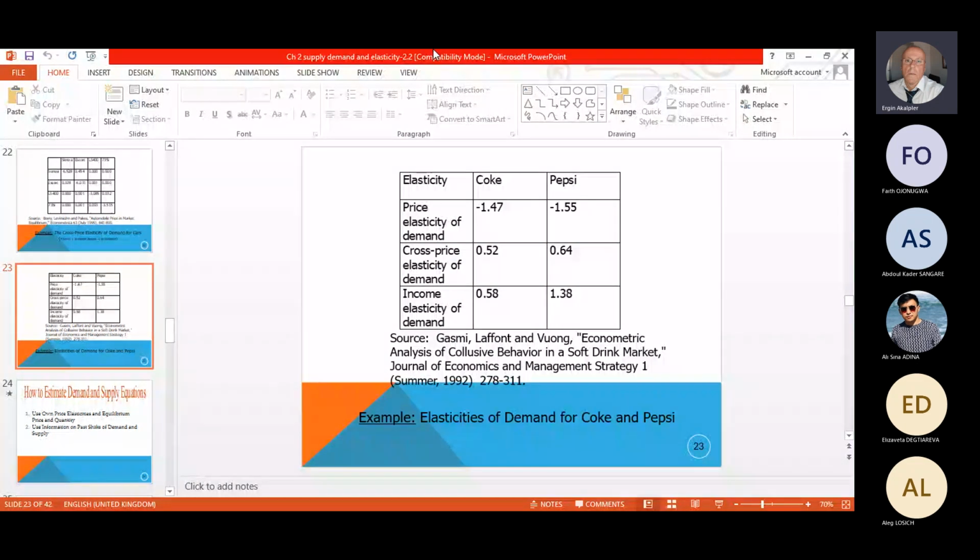And if the income is changed, then either Coke or Pepsi is also affected. As you see, Coke elasticity shows a preference, which means people prefer more Coke than Pepsi if the income elasticity of demand is enlarged.